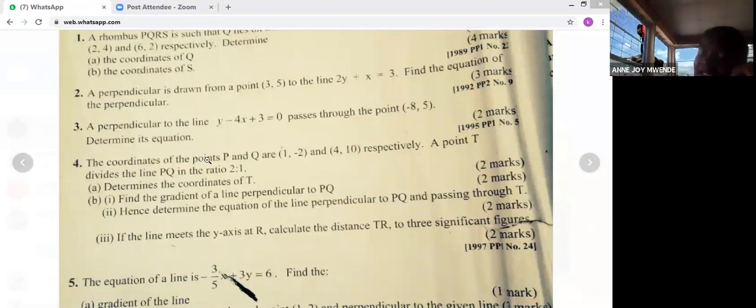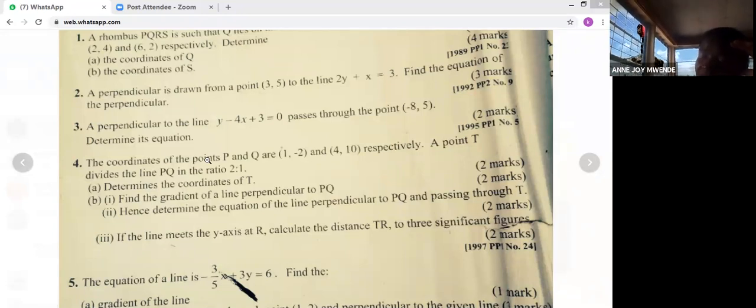Then PT, because you don't know the coordinate of T, we will call the coordinate of T to be XY. Then PT will be the coordinate of T minus the coordinate of P, which is XY minus 1, -2.